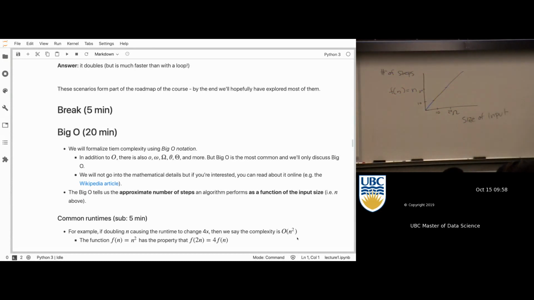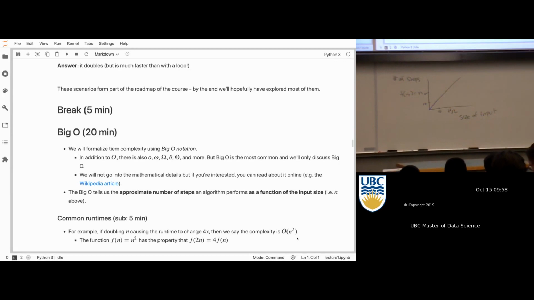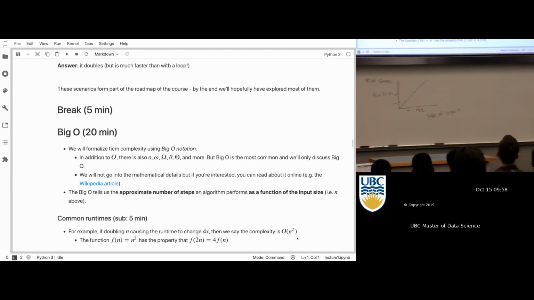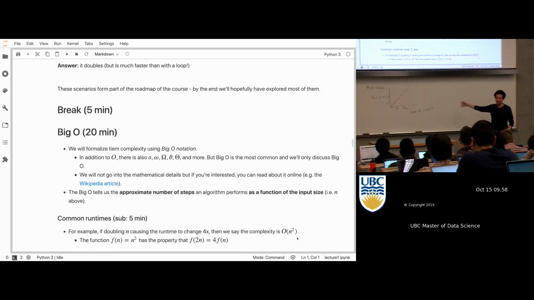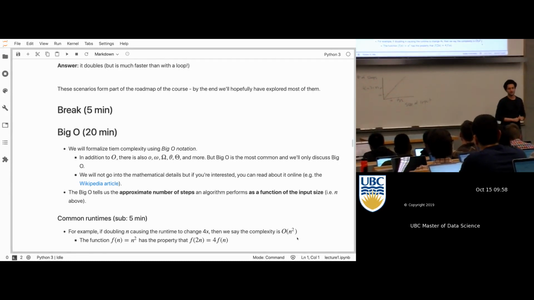So that thing we just talked about with the list a few minutes ago, that if I double the size of the list, it's going to take twice as long, that's basically saying how long it takes is roughly proportional to n, because that's what this function means. If I double n, then I double how long I'm taking.